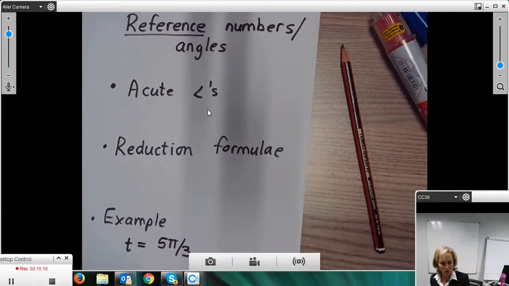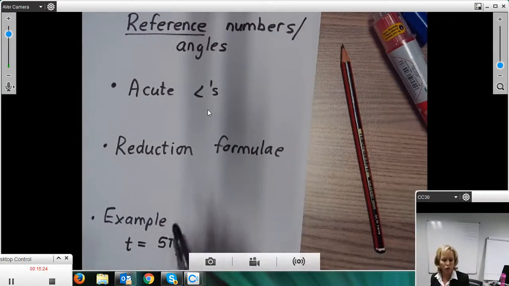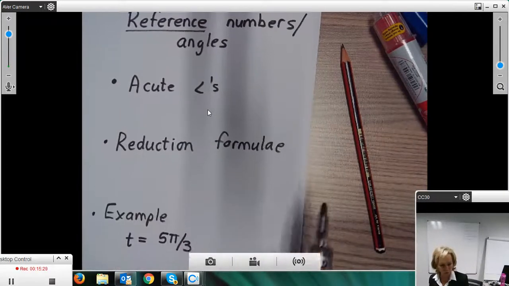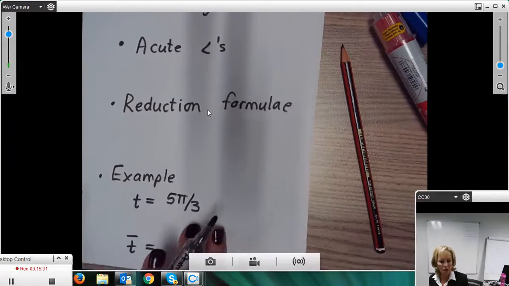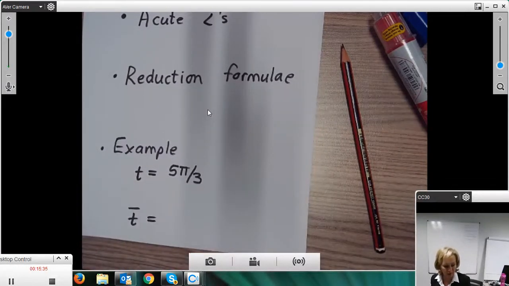But of course, the examples that we are given are not going to be acute angles. So we have to use our reduction formulae in order to reduce obtuse and reflex angles to become acute angles. For example, let us have a look at t equals 5 pi by 3 radians. Clearly this is not an acute angle.